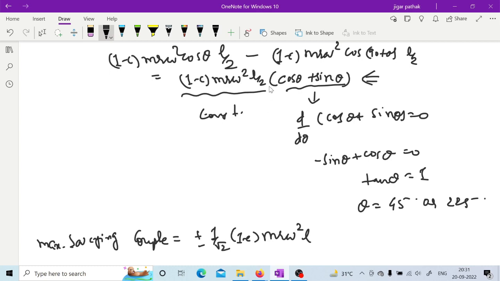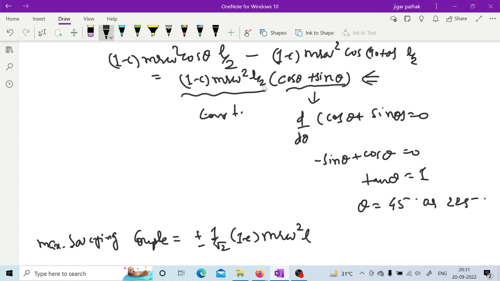Sir, it is sin theta plus cos theta in the equation, right? Yes. So it will become root 2, right? Yeah, one second. See, it will be this 1 by root 2 only, because 1 by root 2 plus 1 by root 2 will be 2 by root 2, right?